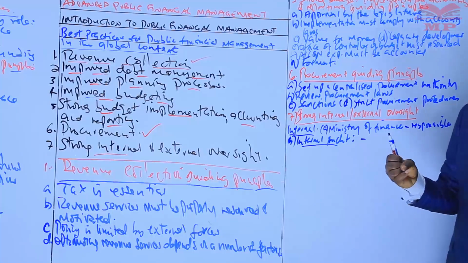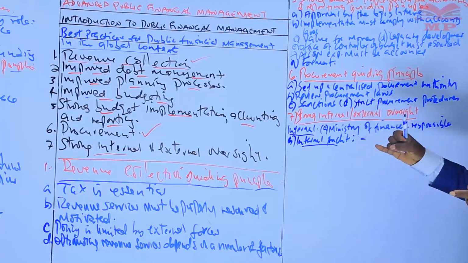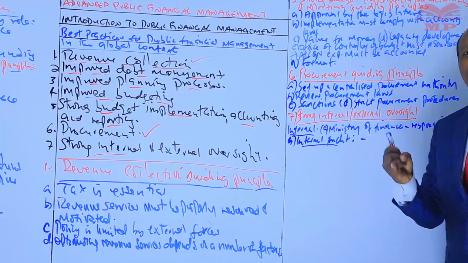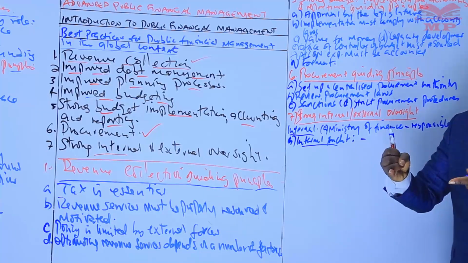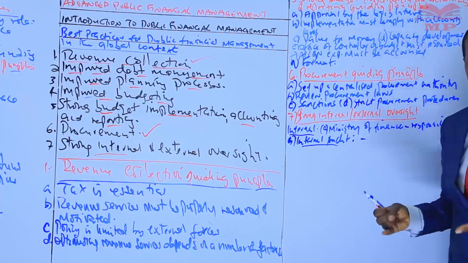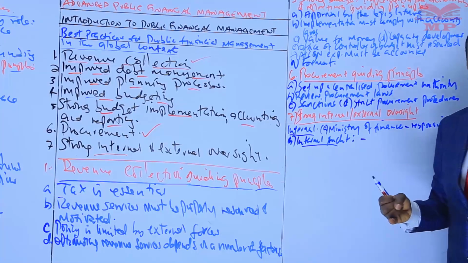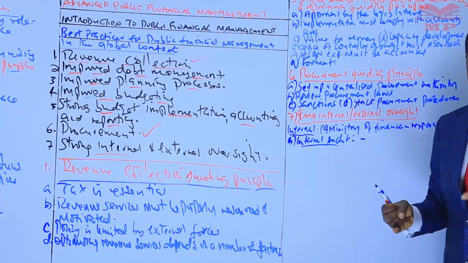The sixth role of the internal audit function is that it should ensure there are effective systems for managing physical and financial assets.